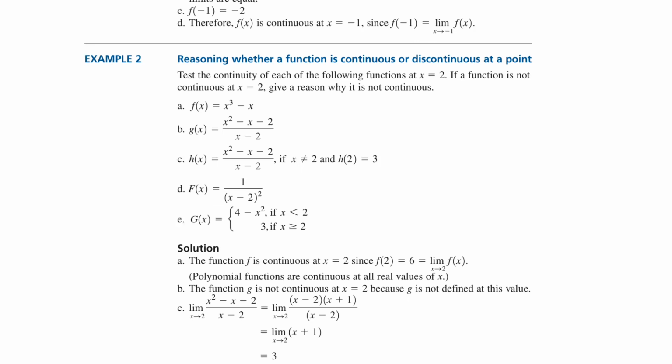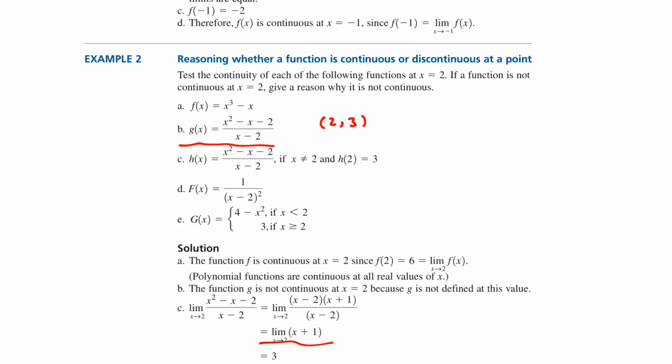Therefore, (2, 3) is a hole on the graph of the function. The graph of g of x is a line, y equals x plus 1, with a hole at the point (2, 3).